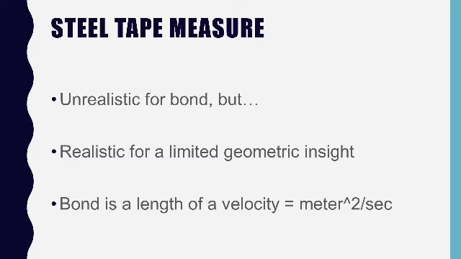All right, so the bond I'm going to show you, in terms of units of measure, is length times velocity, and that gives you square meters per second, just like a Weber, an ampere, and other fluxes of a property that's different from momentum.